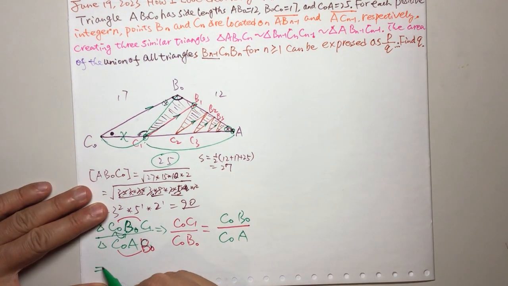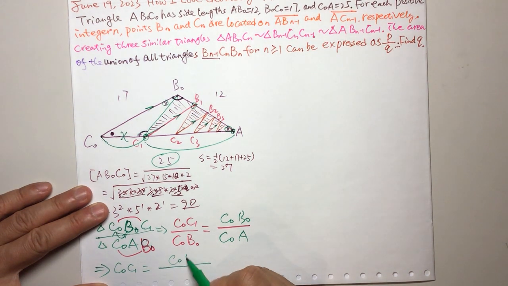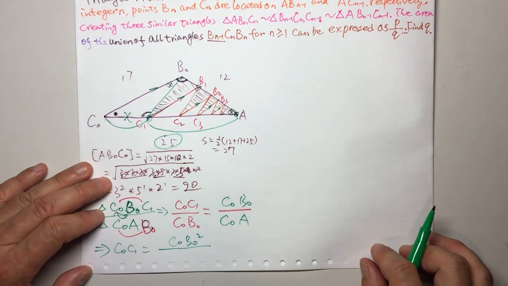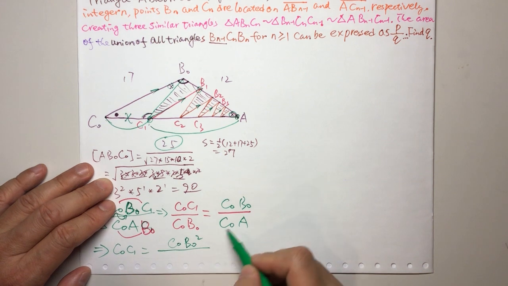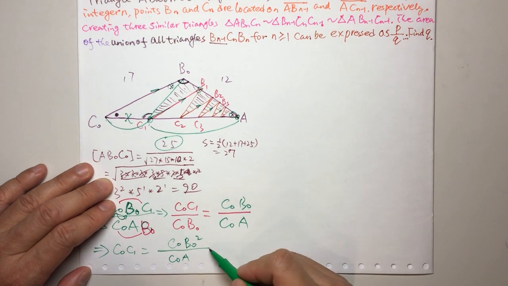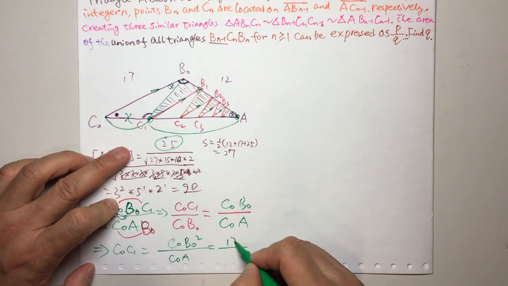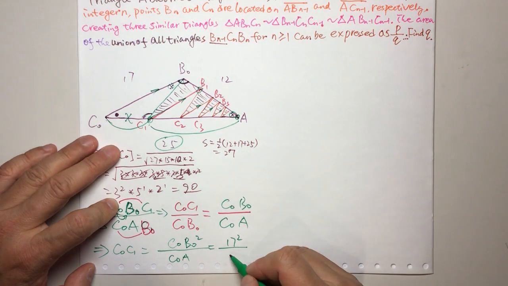Then we will get C0, C1 equals C0, B0 squared over C0, A. So C0, B0 is 17 squared, and C0, A is 25.